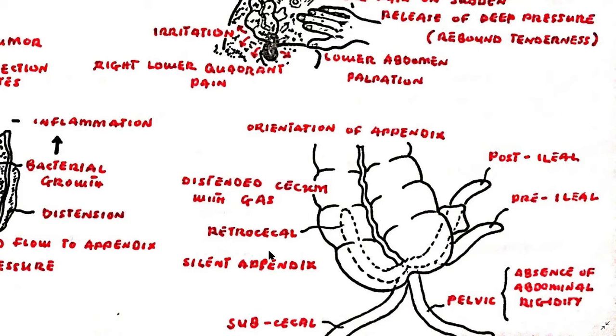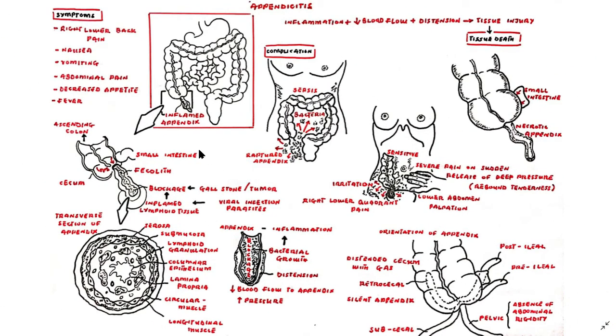This is because the cecum, which is now distended with gas, protects the inflamed appendix from pressure. Similarly, if the appendix lies entirely within the pelvis, there is usually complete absence of abdominal rigidity. In such cases, a digital rectal examination elicits tenderness in the rectovesical pouch.